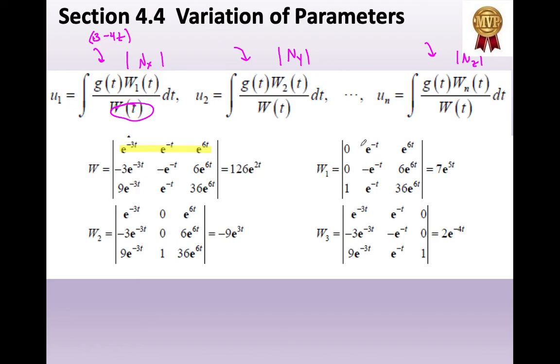And then the first Wronskian has 0, 0, 1 in for the x, 0, 0, 1 in for the y for the second Wronskian, and the third Wronskian has 0, 0, 1. Please don't forget that that came from factoring out g of t, right, from the answer column. So each one of those Wronskians, 1, 2, and 3, has to be multiplied by 3 minus 4t, but that's what you've taken care of right here, right? That's what that is.